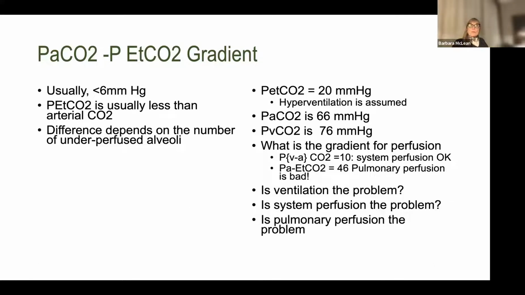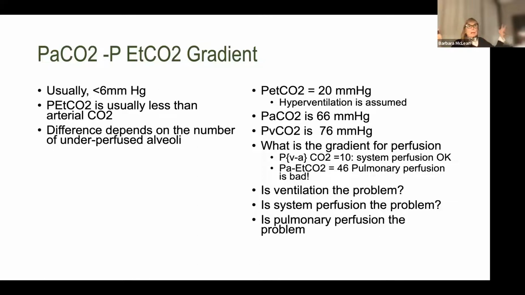So in this case, there are 3 questions that you're always going to ask with a PaCO2 end-tidal CO2 gradient. Is ventilation the problem? Is systemic perfusion the problem? Is pulmonary perfusion the problem? When ventilation is the problem, all 3, venous, arterial, and end-tidal, are elevated. That's the ventilation problem. Can't be any simpler than that.